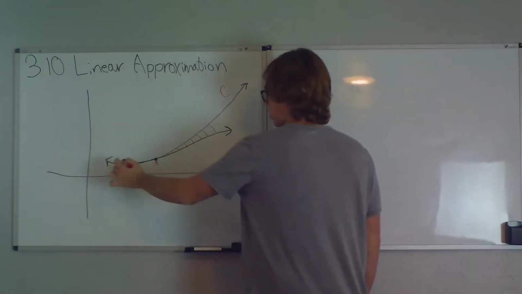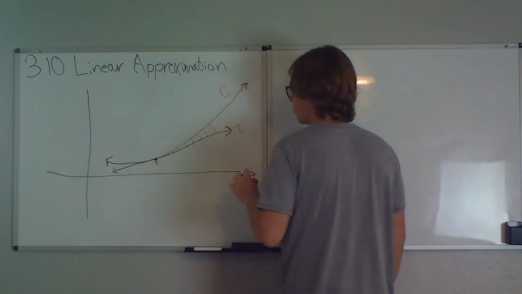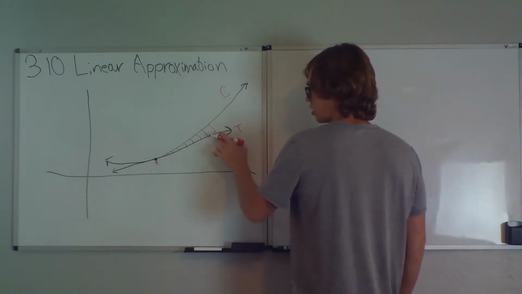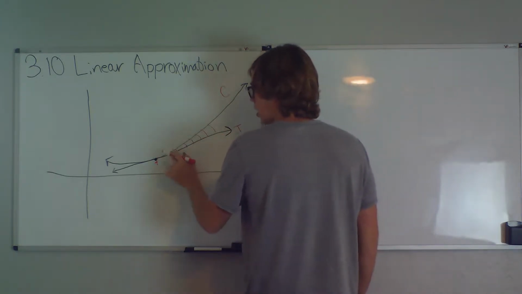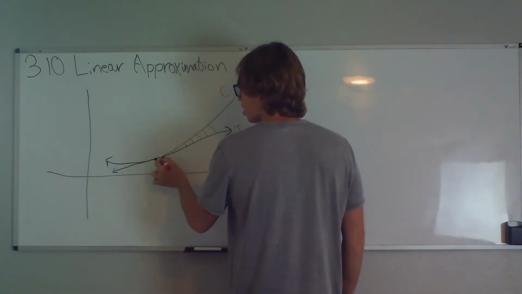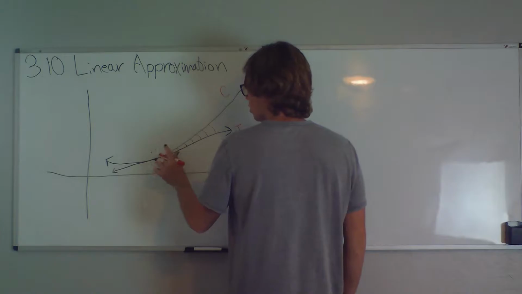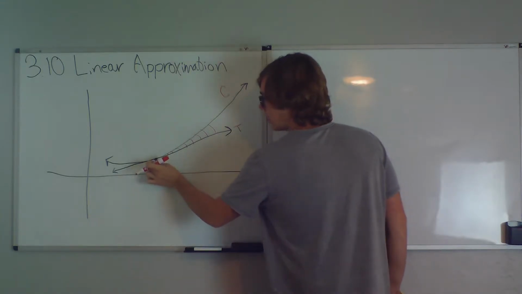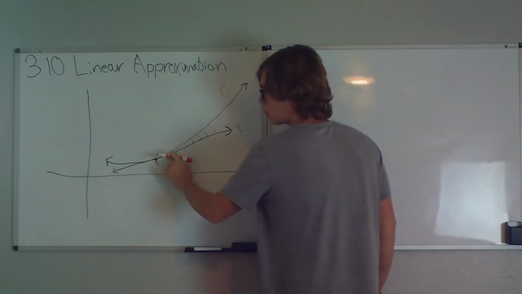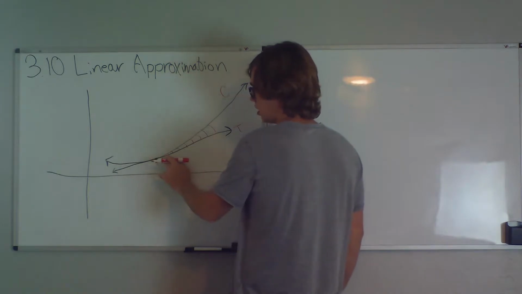This is our tangent line, we'll call that T. As the tangent line gets closer to the point, it gets closer and closer to our curve. So as you can see, this is very close to here, so that's approximately this.